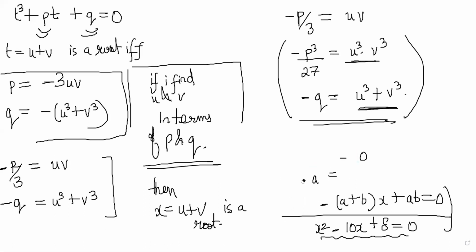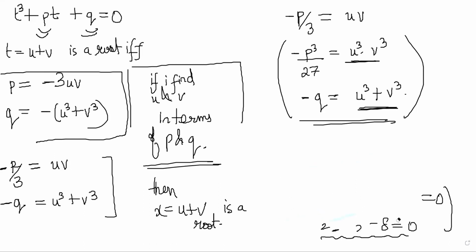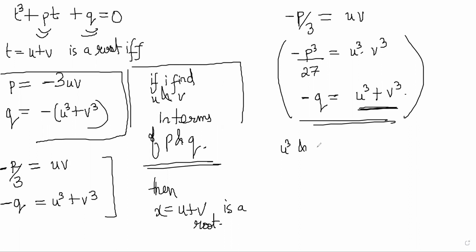So what Cardano did was the same thing. He knew the sum of u cube and v cube and the product of u cube and v cube, both of those things he knows, right? So he said that u cube and v cube are roots of a quadratic. Are roots of what quadratic?